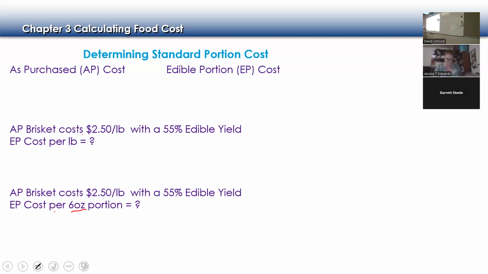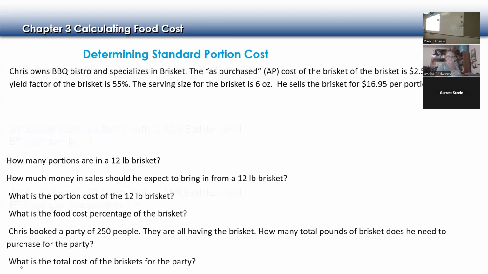Can I figure out how much 6 ounces cost just by dividing 2.50 by 0.55? Why? It's a different amount. We have different units, right? This is pounds and this is ounces. So we have to convert. I'm going to show you how to convert in just a moment. That's the brisket math page that you have. That's what we're going to go over with converting those costs.